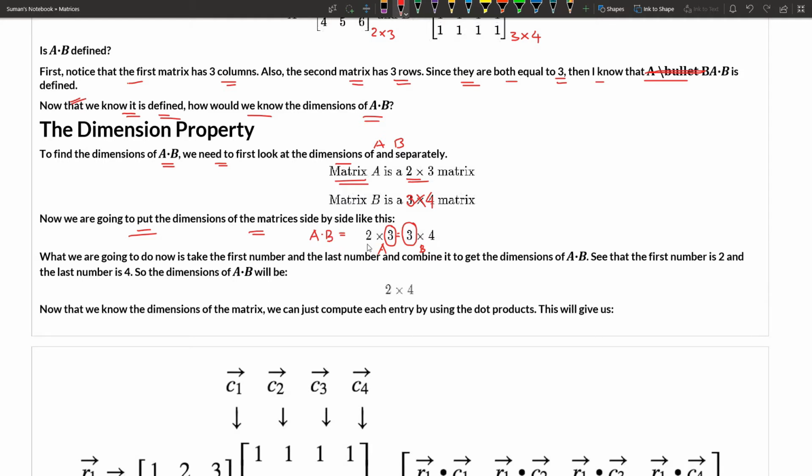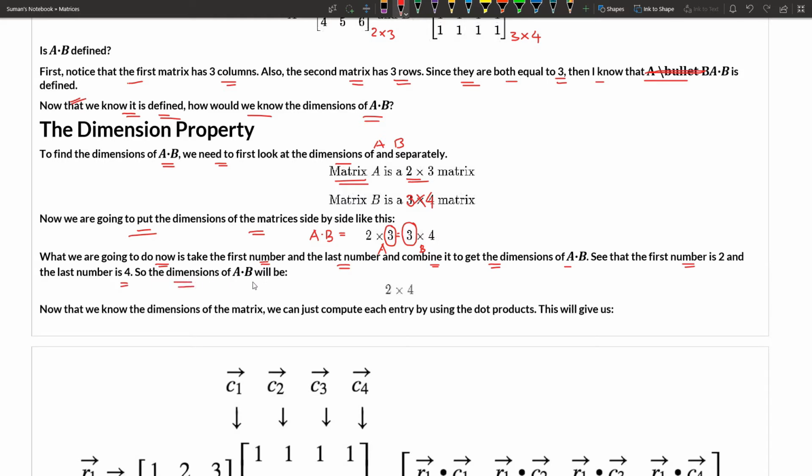Then for the dimensions, what we do now is take the first number and the last number and combine them to get the dimensions of A dot B. See that the first number is 2 and the last number is 4.